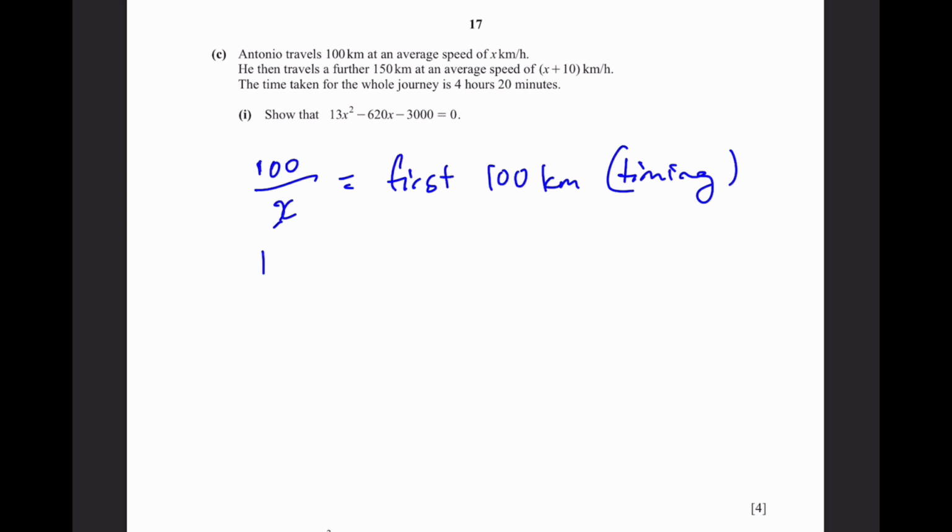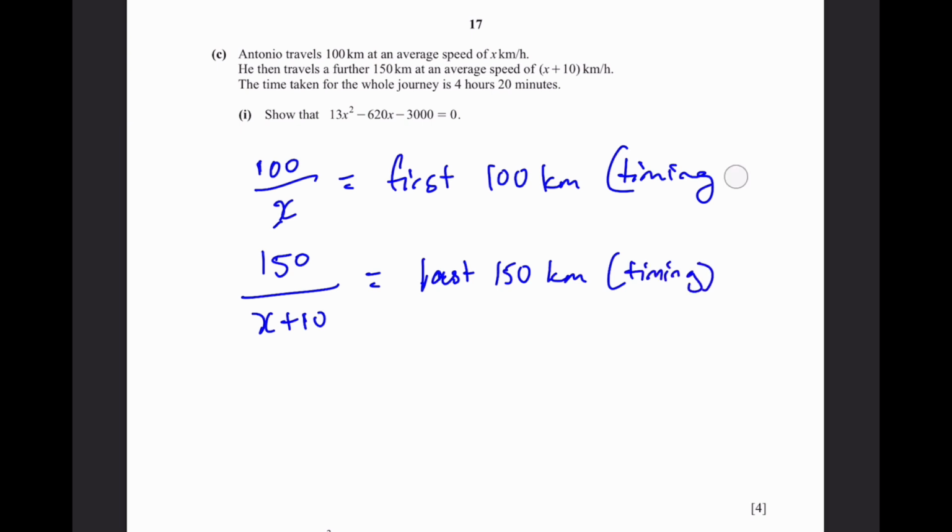And 150 by its speed x plus 10, because he travels this 150 kilometers at x plus 10 kilometers per hour. This is the last 150 kilometers. Of course, there's the timing. And the total time taken is 4 hours 20 minutes, which is 4 times 1 by 3, or that's just 13 by 3 hours in improper fraction.